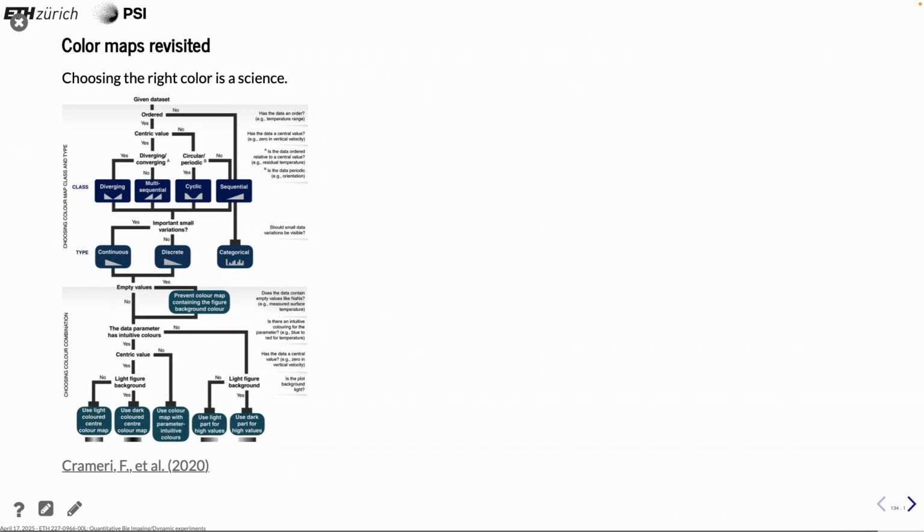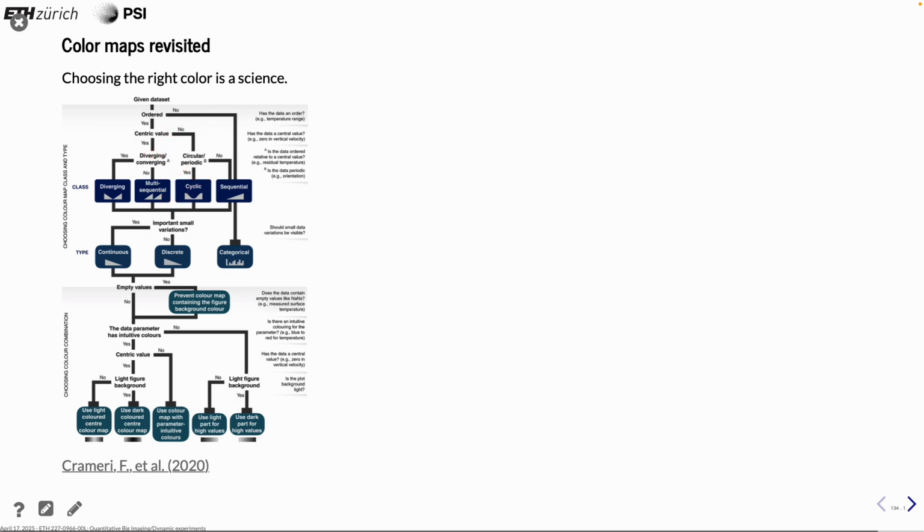When we come to the color maps, in the first lecture I showed you a list of many different options of color maps, but I didn't say much more about it. There is even some kind of decision tree for how to select color maps.